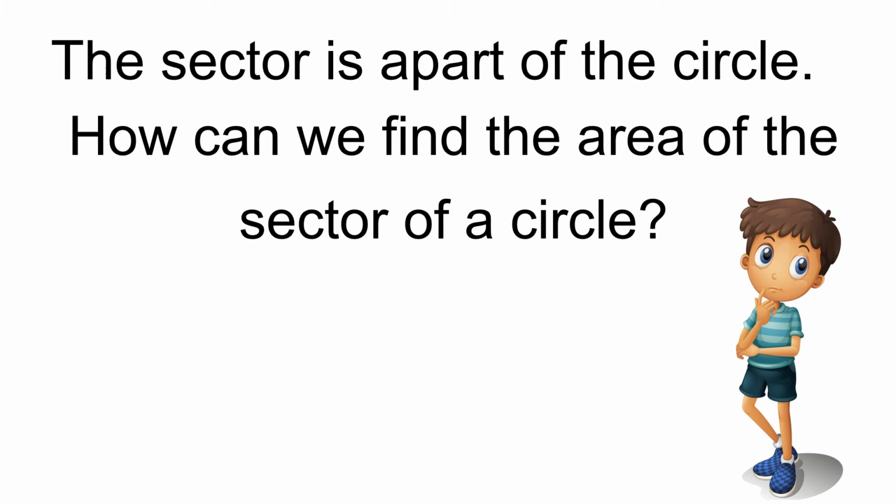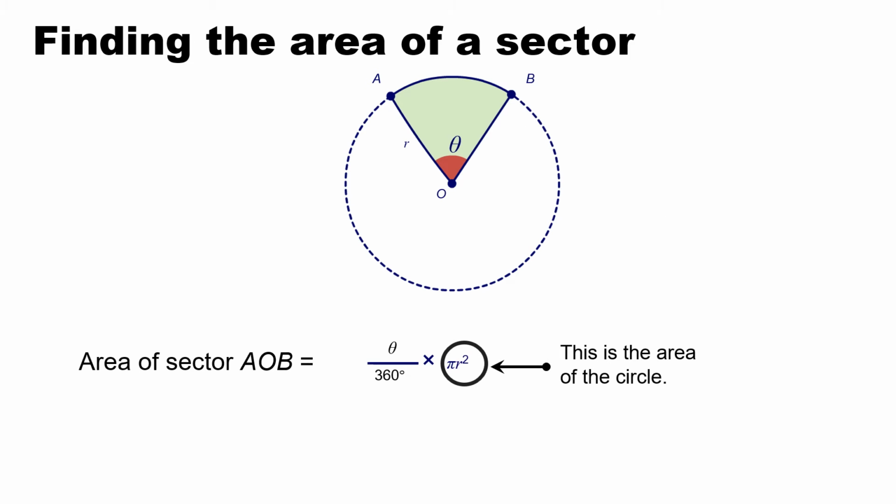Since we know that the sector is a part of the circle, how can we find the area of the sector of a circle? If you were thinking that we will find a fraction of the area of the circle, you are indeed correct. Therefore, in finding the area of a sector of any circle, we would use theta divided by 360 degrees multiplied by pi r squared.